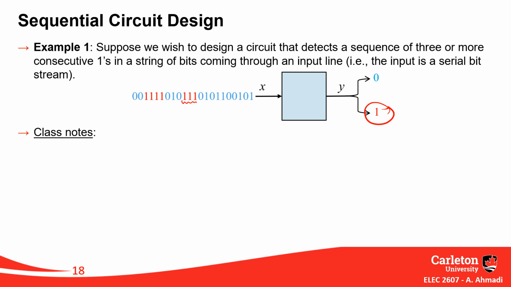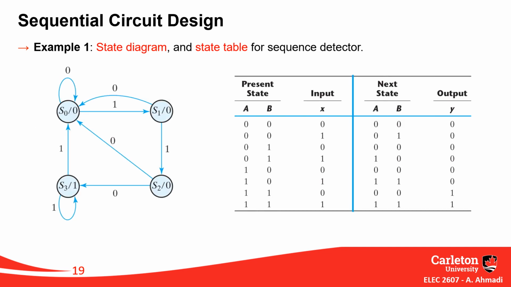To design the circuit, again, similar to the previous one, we have to have a state diagram. In the state diagram, based on operation, you have the S0 start-up state. Your machine goes to state 0 when it turns on.